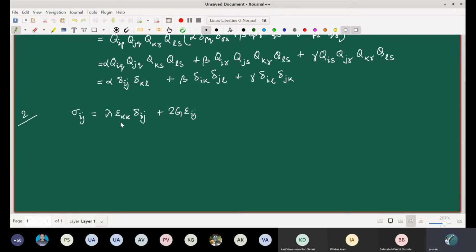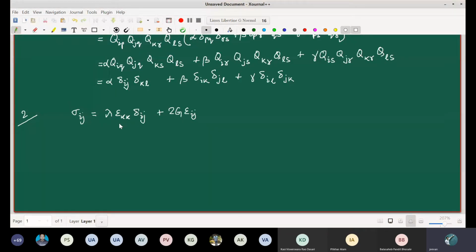This term contains the first invariant of the strain tensor. This is basically epsilon 1 1 plus epsilon 2 2 plus epsilon 3 3. If somehow we can convert this term in terms of the stresses, then our job would be done. So what we have to basically do is to find out an expression for this epsilon kk.